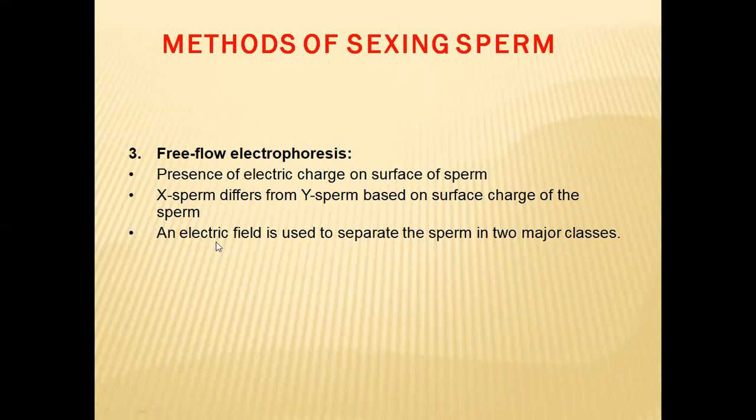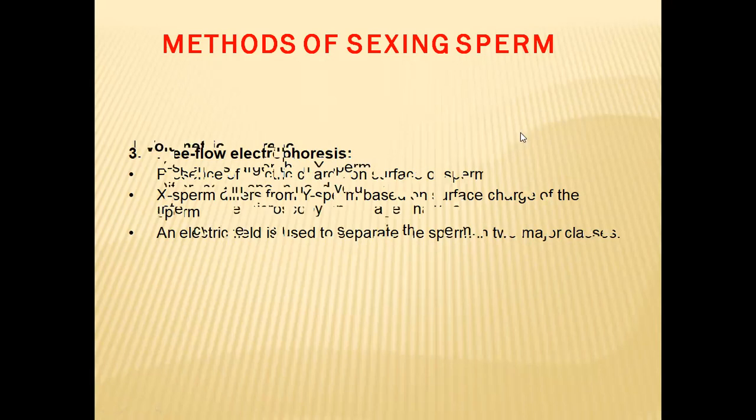After doing this, we subject it to the electrophoresis method, and we can separate these two types of sperms into two major bands on the agar gel or whatever gel we take. Later, from the medium, we can separately collect these sperms from the two bands. So this is an electrophoretic method.